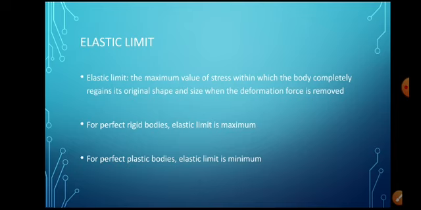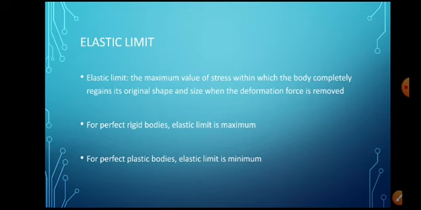So the maximum value of stress within which a body completely regains its original shape and size when the deformation force is removed or withdrawn is called the elastic limit.